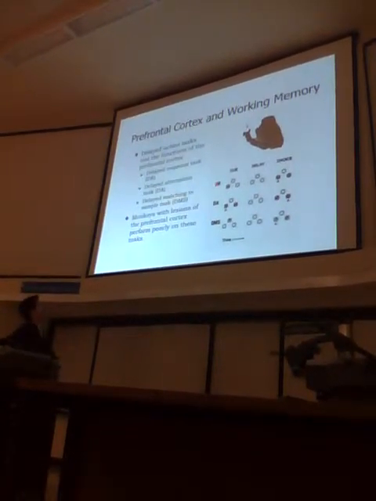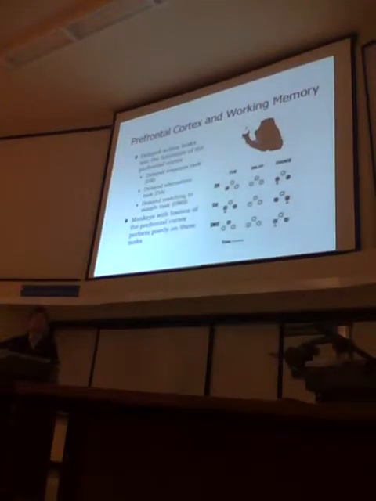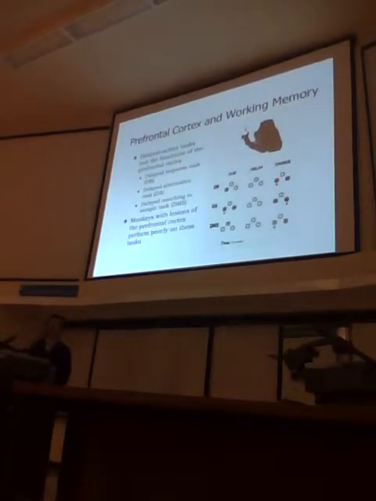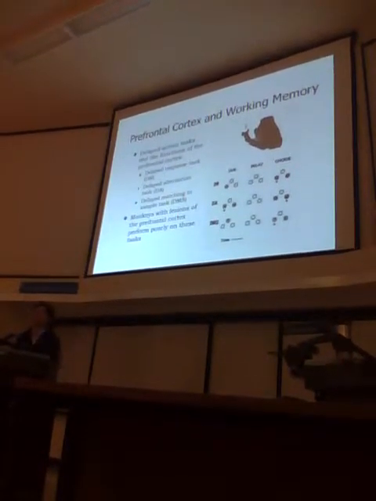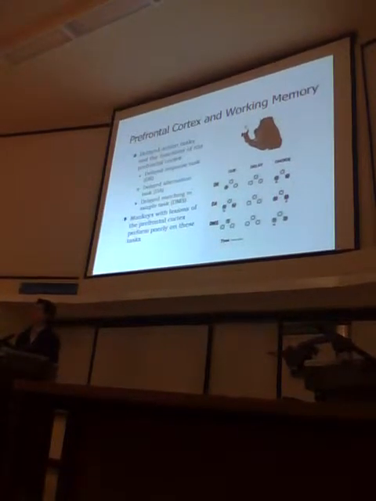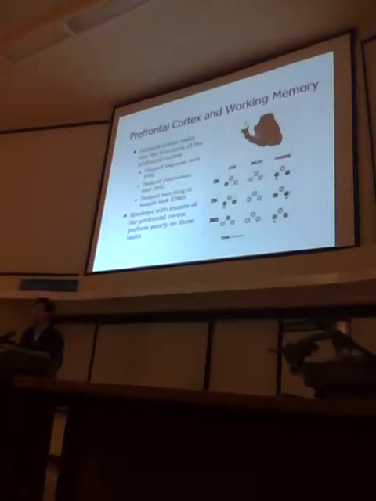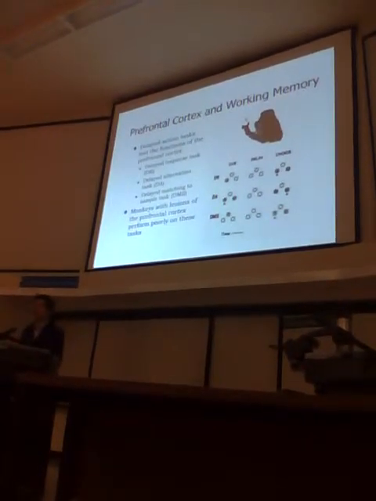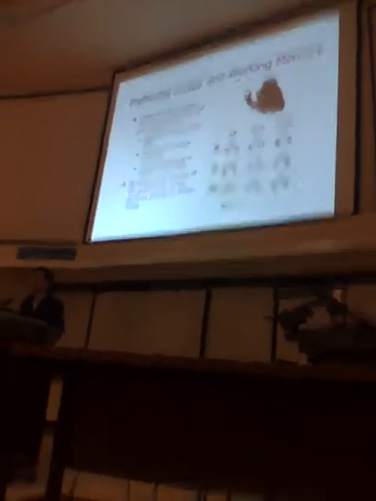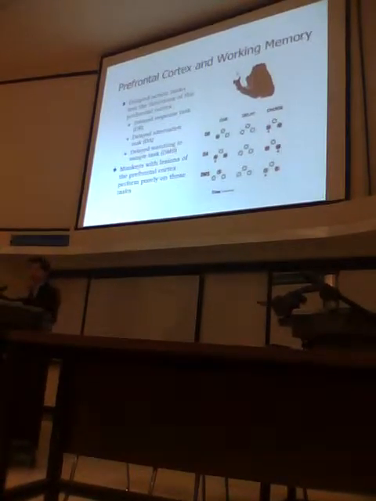So during this entire process, you can record from single neurons within the prefrontal lobes of these monkeys. They're wide awake with a chronically implanted electrode. They're free to move their heads and their arms. They're basically seated in a chair.